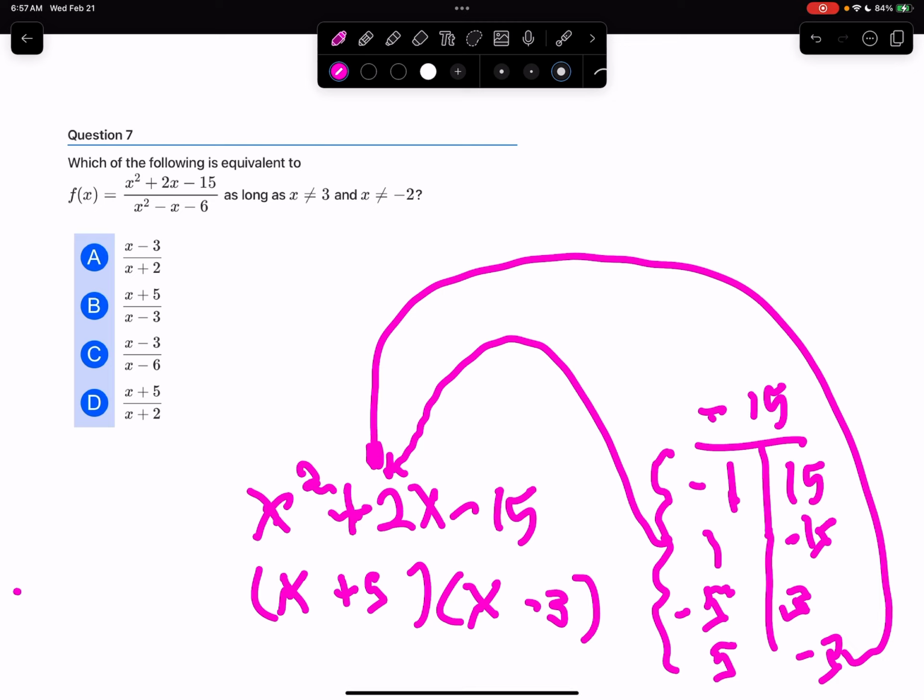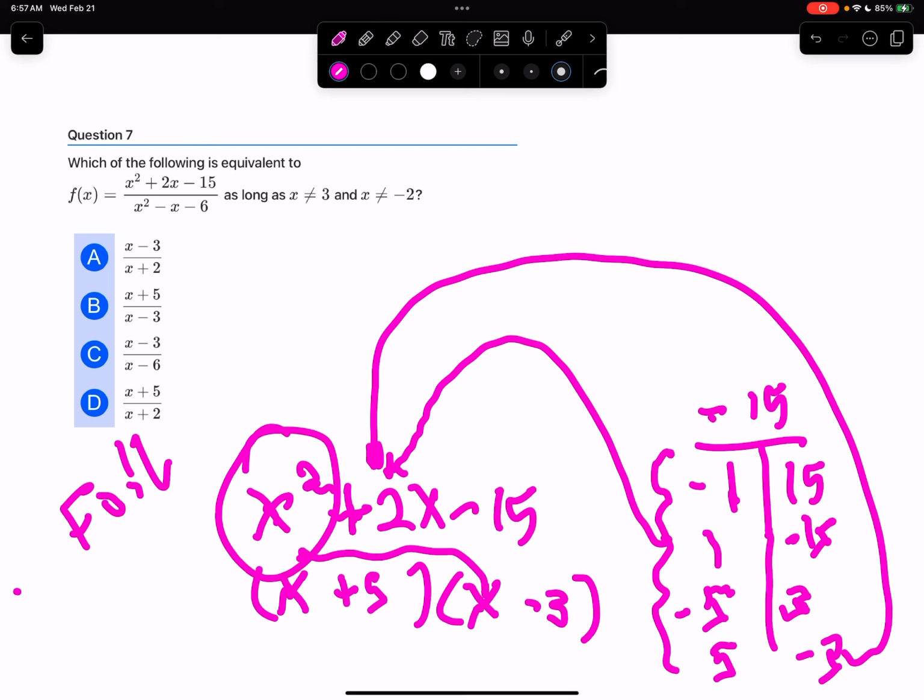And if you multiply this back out using FOIL, you can check that you were right. x times x is x squared. x times negative 3 is negative 3x, and adding that to a plus 5x, you've got your 2x in the middle. And then the last one is the 5 and the negative 3, which multiply to give you negative 15. So that's done.